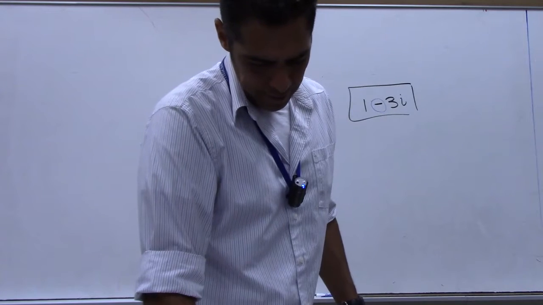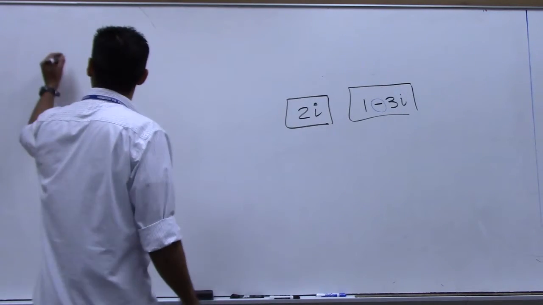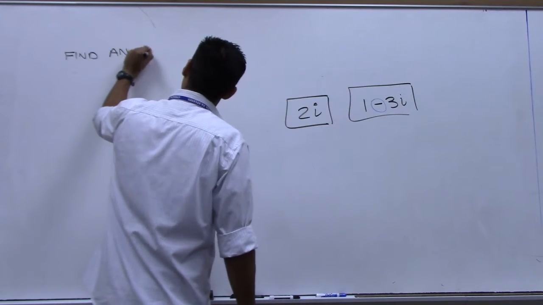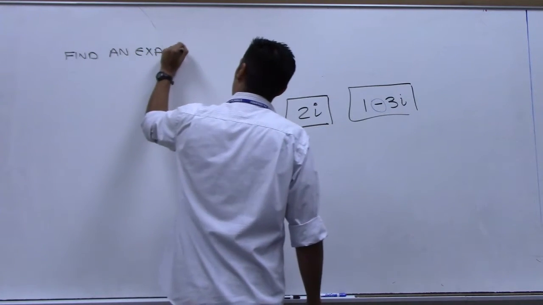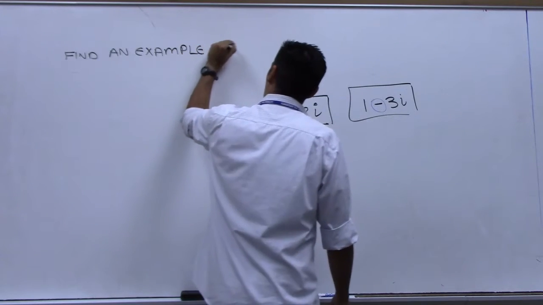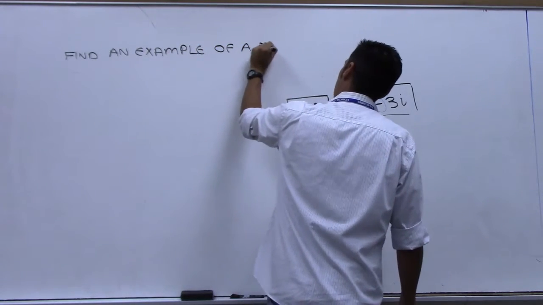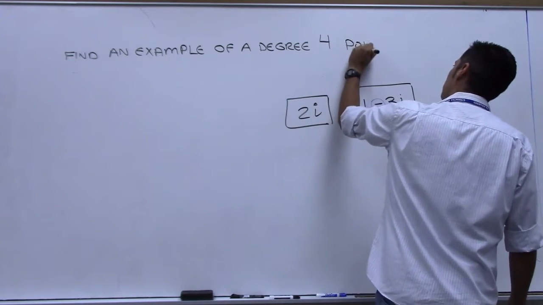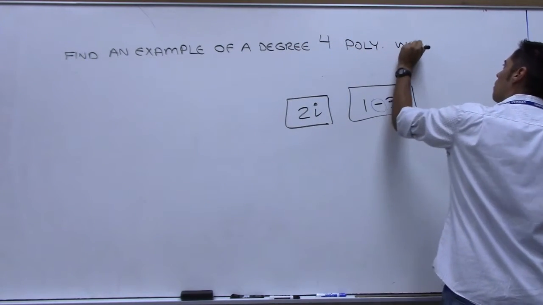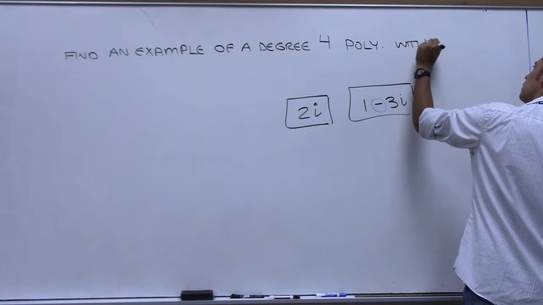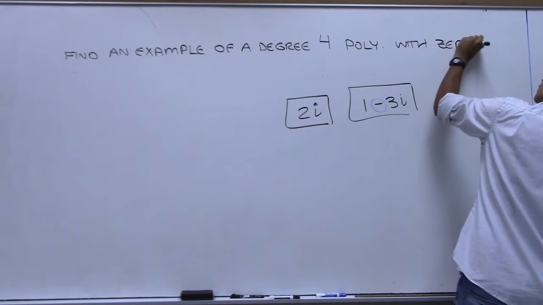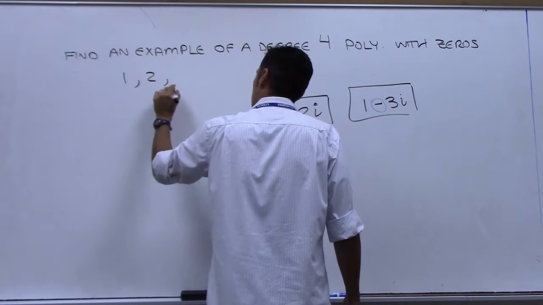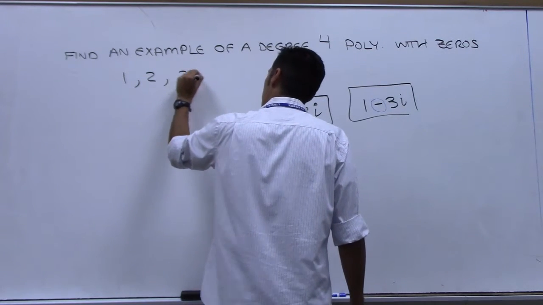All right. Find an example of a degree 4 polynomial with zeros 1, 2, and 2 minus i.